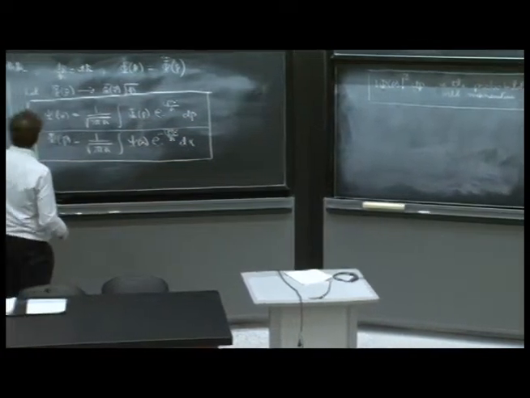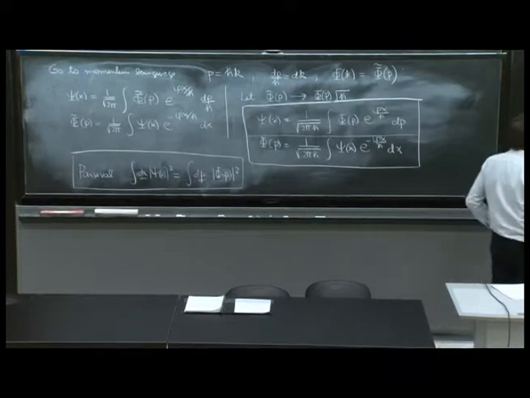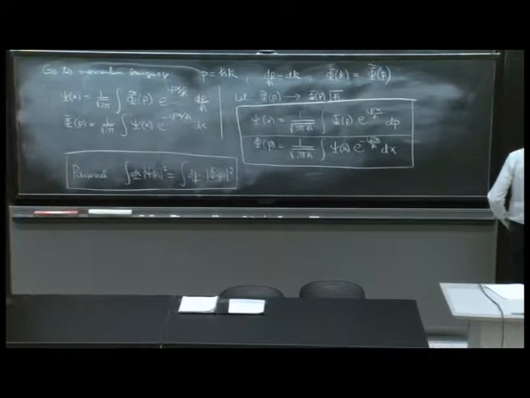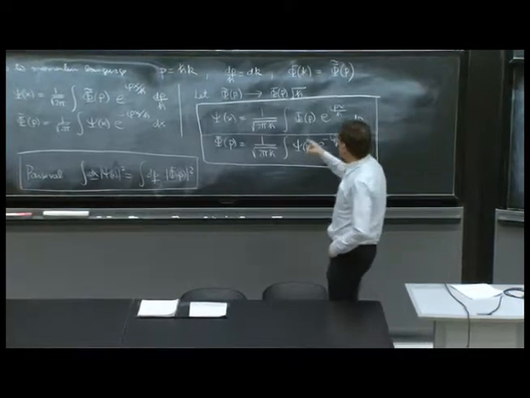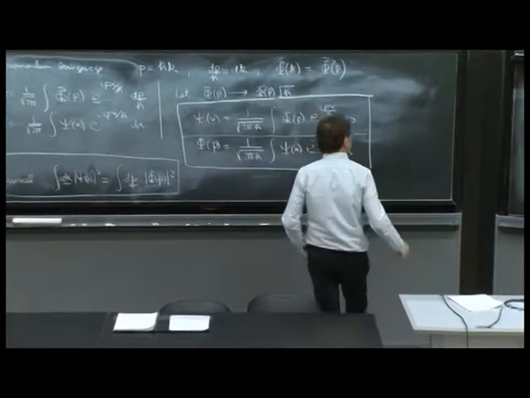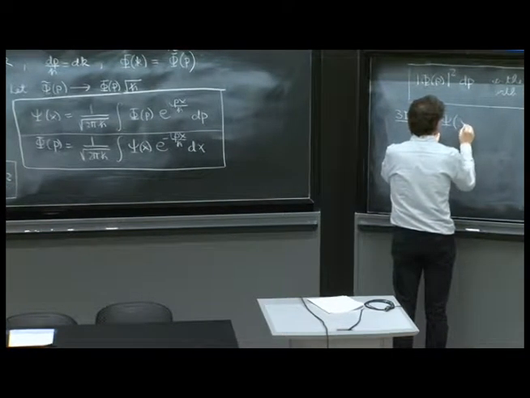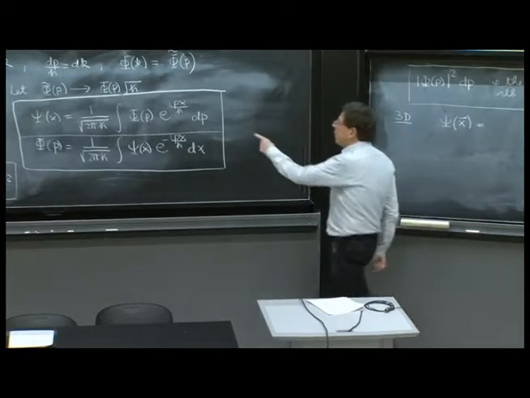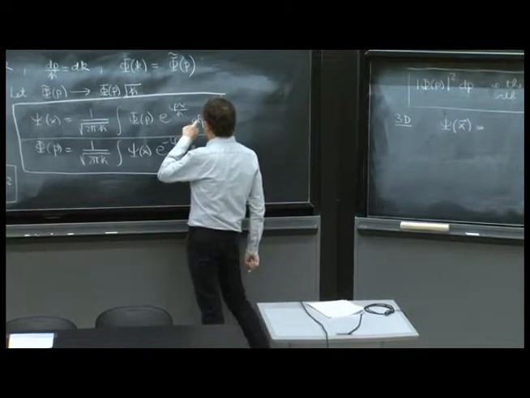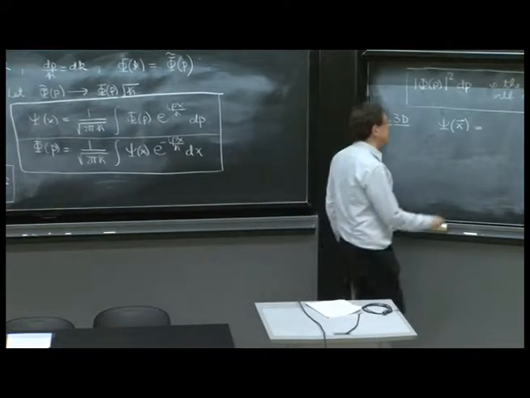But I want to close off this discussion by writing for you the three-dimensional versions of these equations. 3D version of Fourier transform. So this is what we want to rewrite. So what would it be? Psi of the vector x. Since you're going to have three integrals, because you're going to integrate over three components of momenta, this factor appears 3 times.